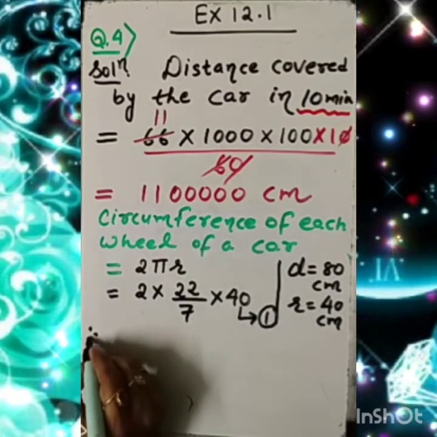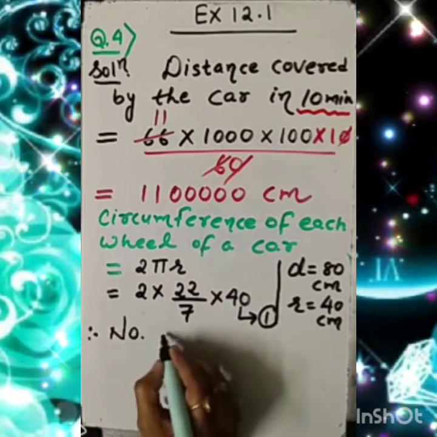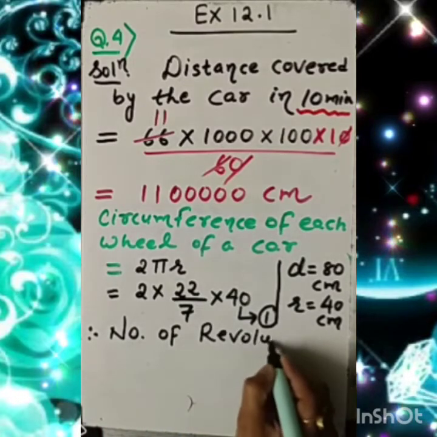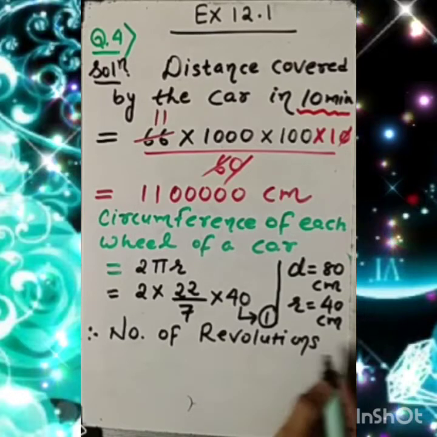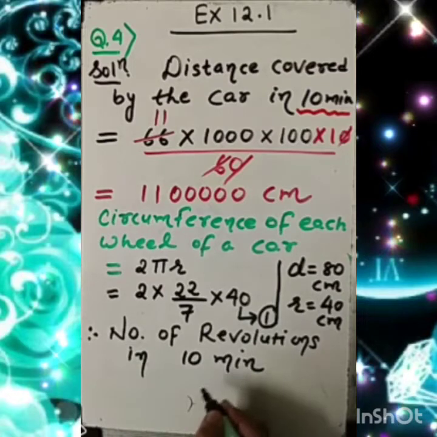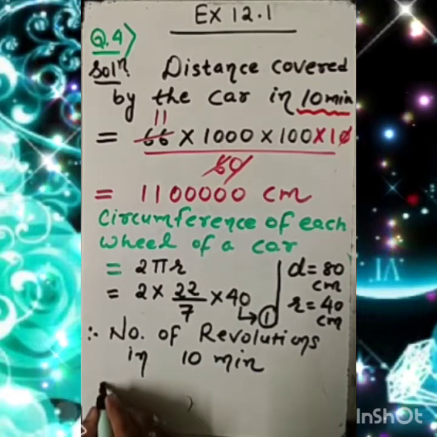Now, next step, we have to find the number of revolutions in 10 minutes. How to find the number of revolutions in 10 minutes? We need to go with this formula.